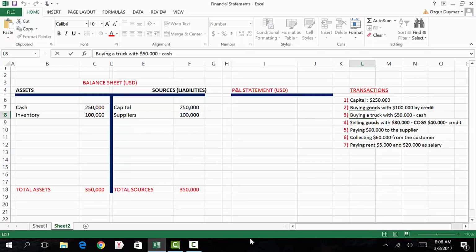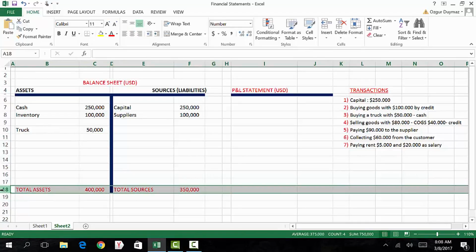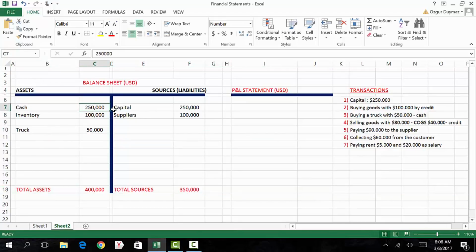This is the truck, $50,000, but it's not a credit provided by suppliers. We paid it from cash. Now assets are more than sources. I need to reduce this amount from cash because we paid.